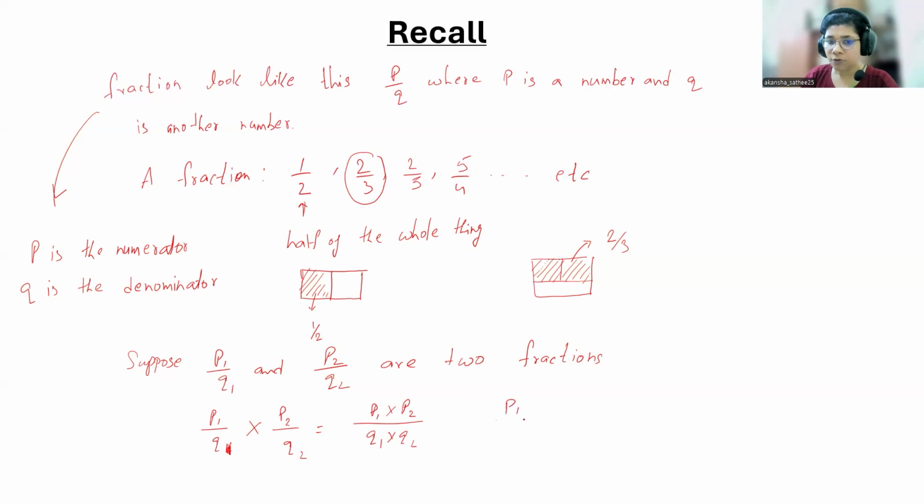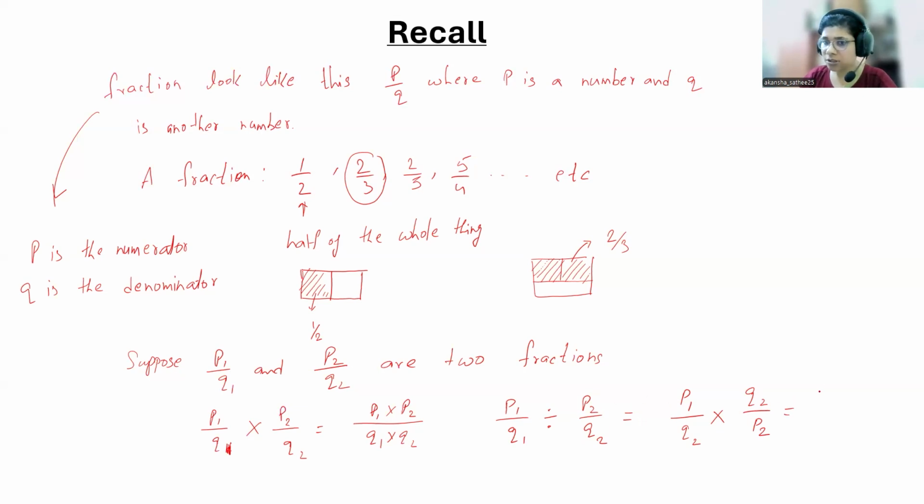P1 upon Q1 divided by P2 upon Q2 is the same as P1 upon Q1 into Q2 upon P2. You just have to reverse it: make the denominator the numerator and the numerator the denominator, and multiply.